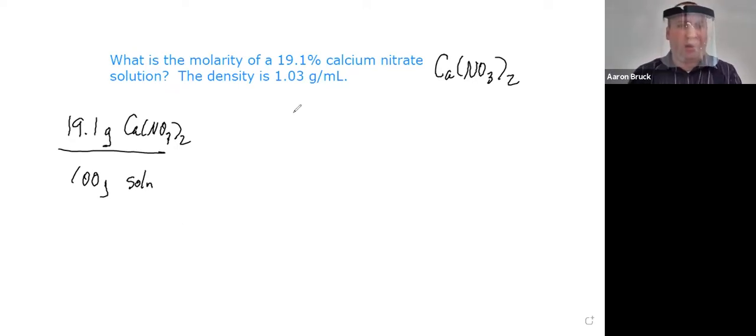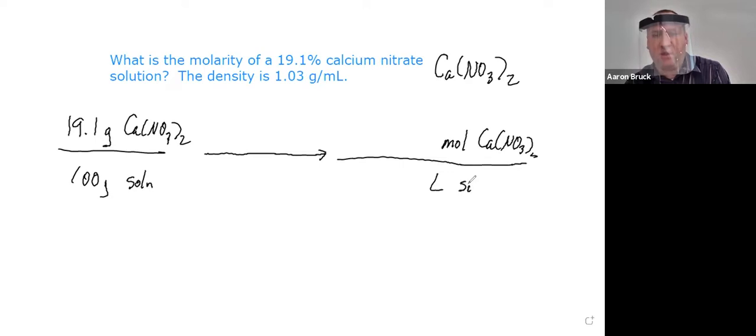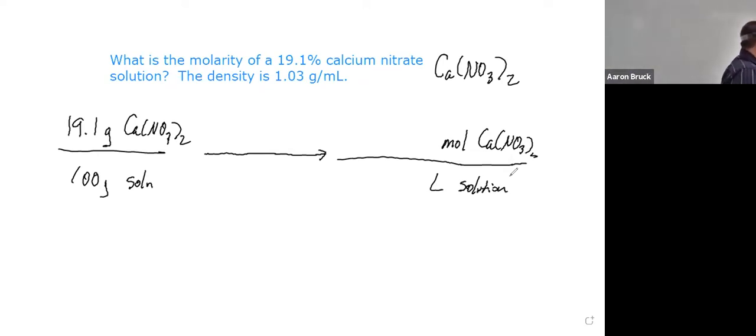So really what we need to do here, to turn it into molarity, we need to turn this into moles of calcium nitrate over liters of solution. Now, there are lots of ways to approach this.